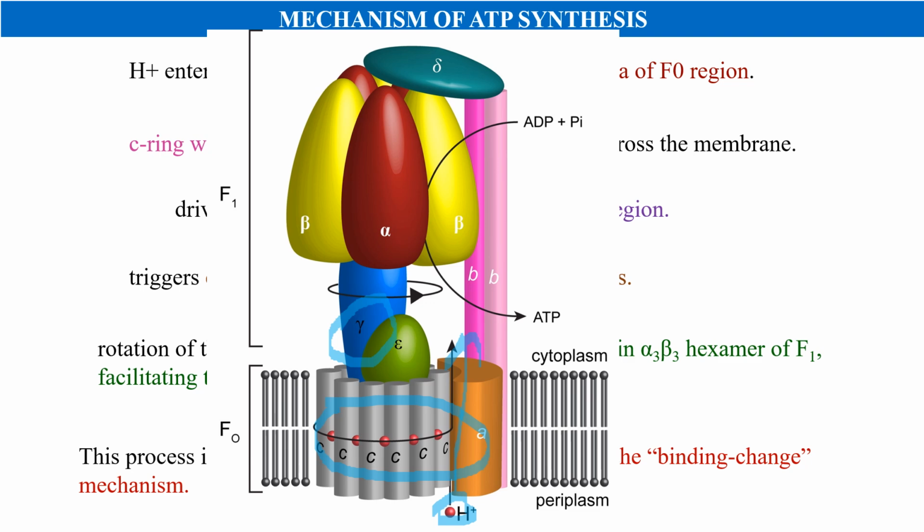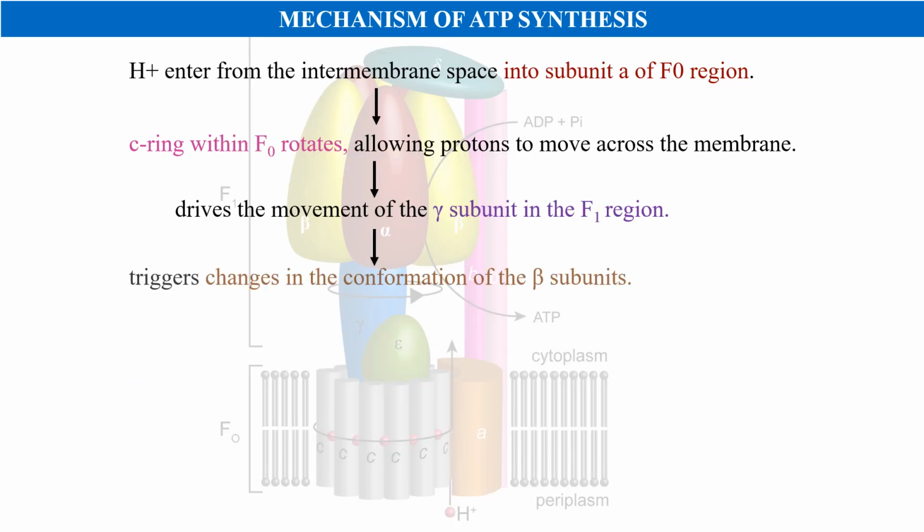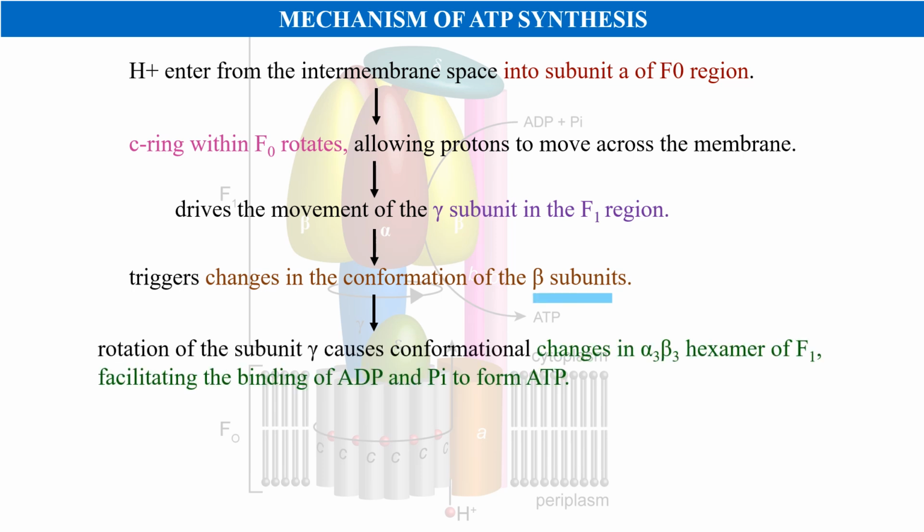When the gamma subunit rotates, it triggers conformational change in the beta subunit and alpha subunit of the F1 region. The rotation of gamma causes conformational change in the alpha3 beta3 hexamer of F1, facilitating the binding of ADP and inorganic phosphate to form ATP.